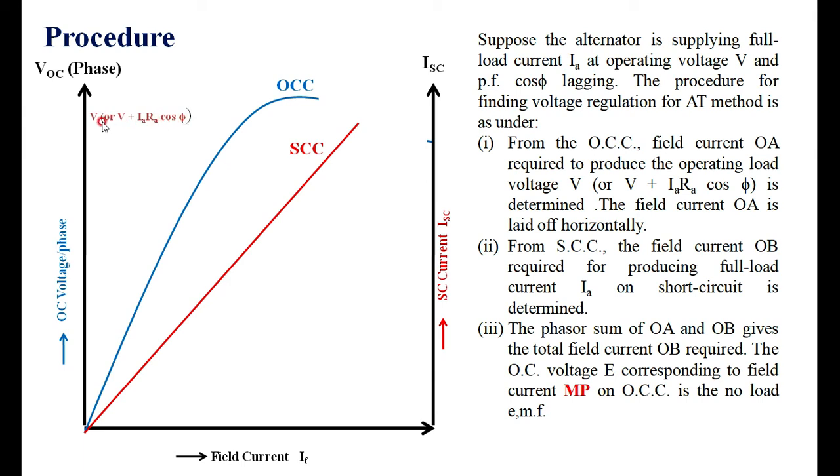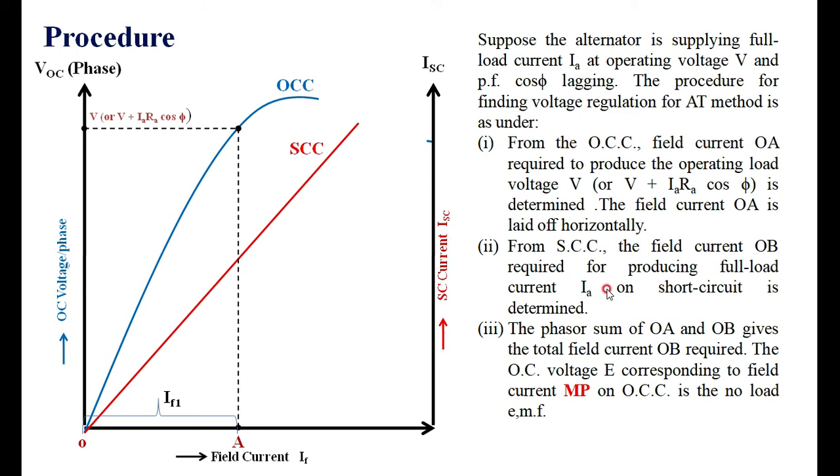If RA is not given, corresponding to V, you have to mark on the open circuit characteristics. The corresponding value of the field current you have to find out gives OA. That is, OA is nothing but IF1, the field current required to generate voltage V plus IRA under no load condition.